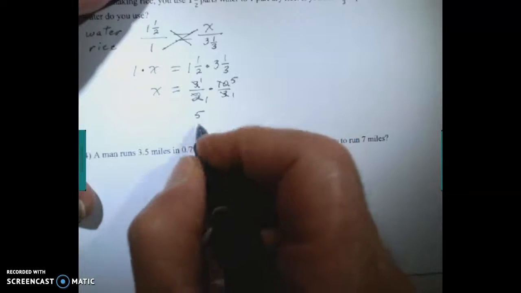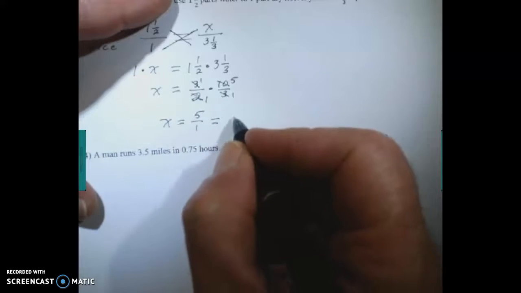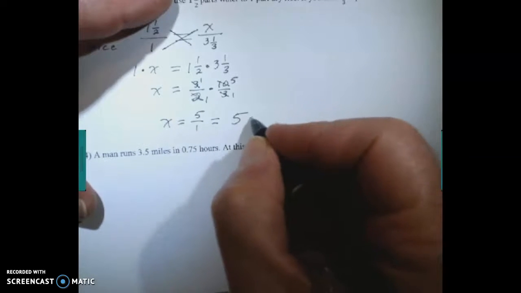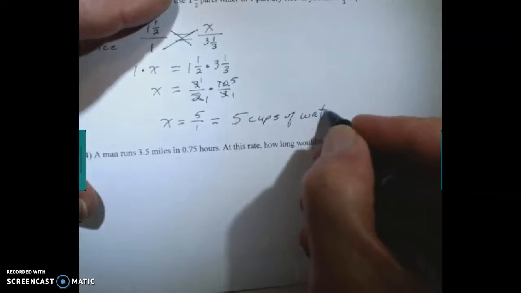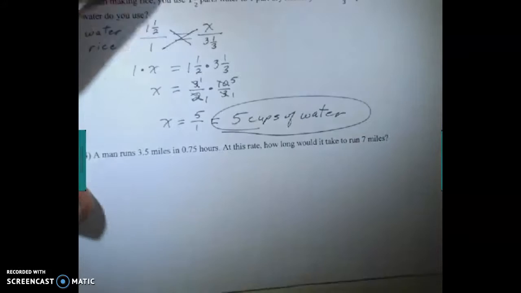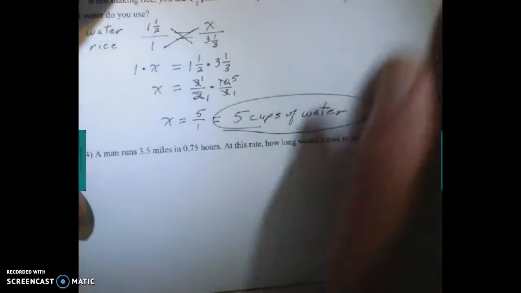Denominator times denominator, you get 1. So X is 5 over 1, which is 5. You need 5 cups of water for 3 1/3 cups of rice.